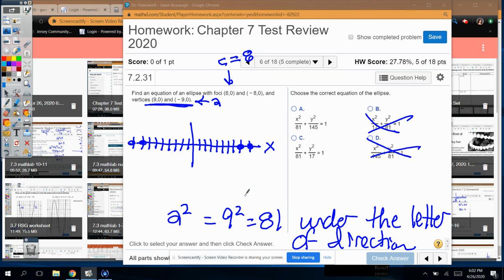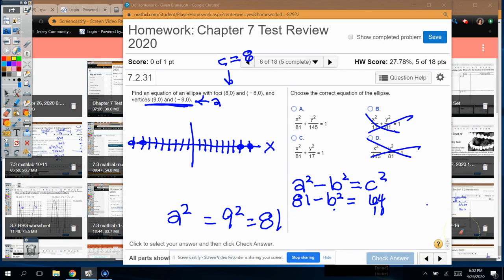And we need to know C because the equation is A squared minus B squared equals C squared. This will tell us what B is, which we need to know for the other number.